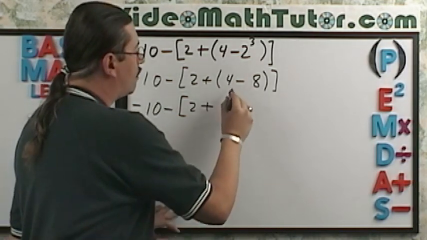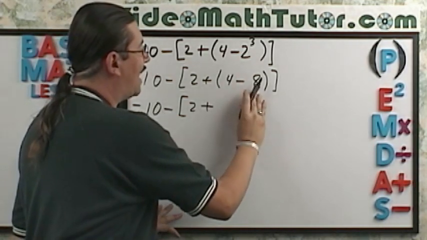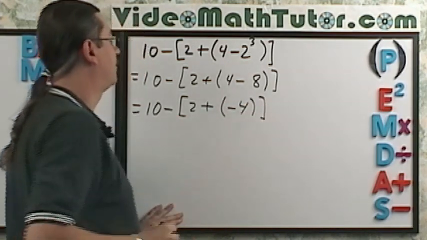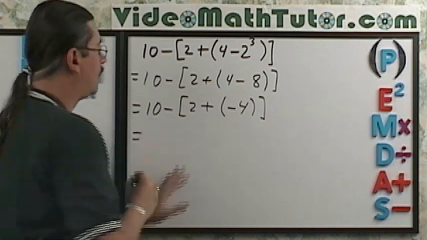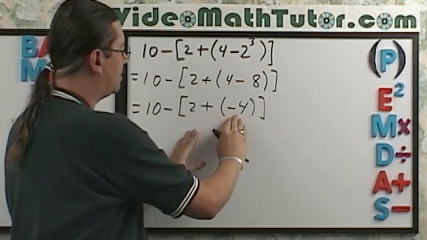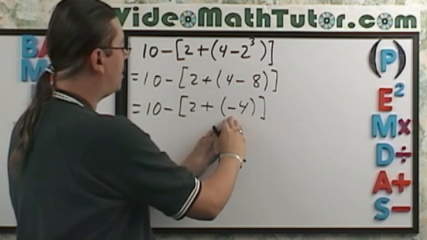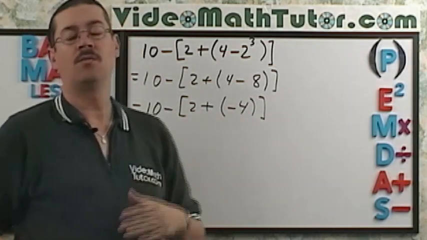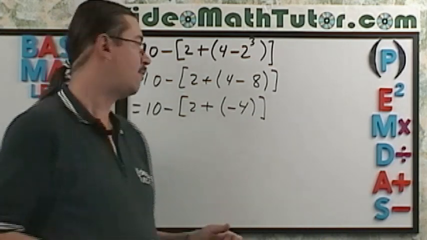So, 4 minus 8 is -4. And here, we still have this set of parentheses, so a plus and a minus. You can consider that as a subtraction, or you can just leave it the way it is and actually perform this operation. What is 2 plus -4?